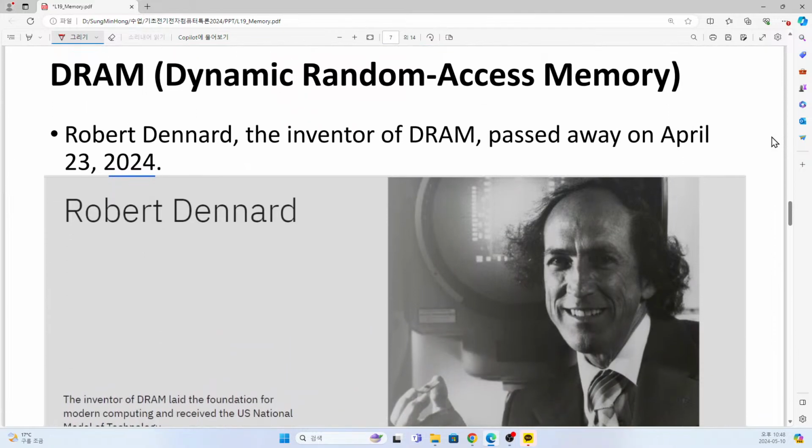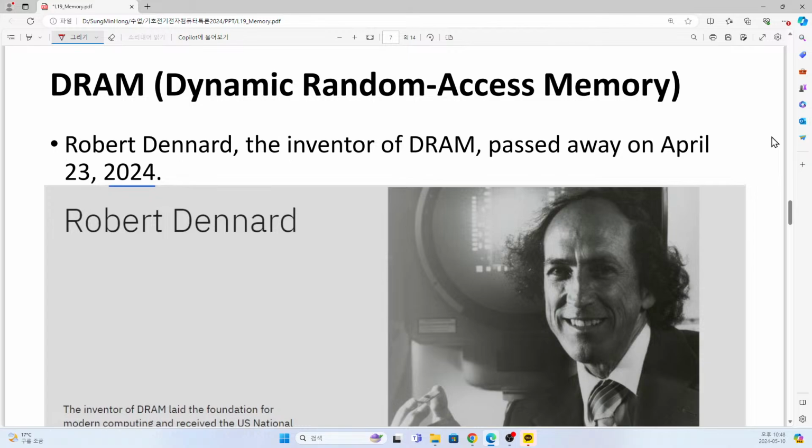Before starting our discussion, we have to understand that although DRAM is so widely used, it was invented just several decades ago. The first patent about the DRAM was registered in 1968. The idea appeared in 1966 and took 2 years to be really registered.